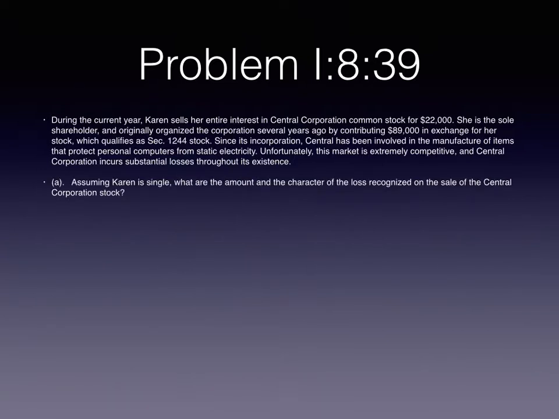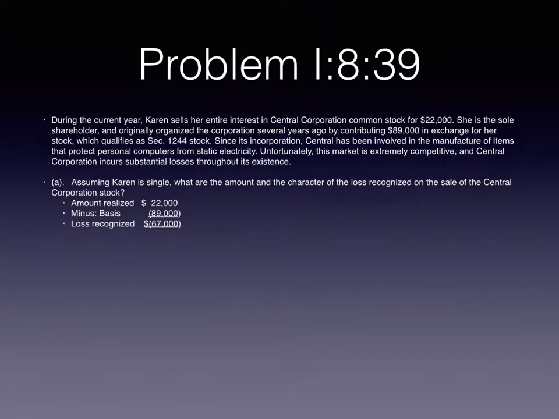So for part A, assuming Karen is single, what are the amount and character of loss recognized on the sale of Central Corporation stock? Okay, so we see from the facts that she sells what she has in the common stock for $22,000, so that's what she got. Her basis is what she contributed in exchange for that stock of $89,000. So you see a recognized loss of $67,000.